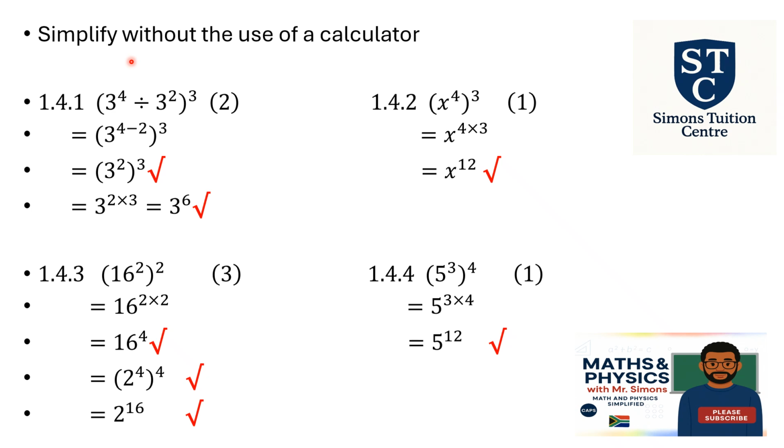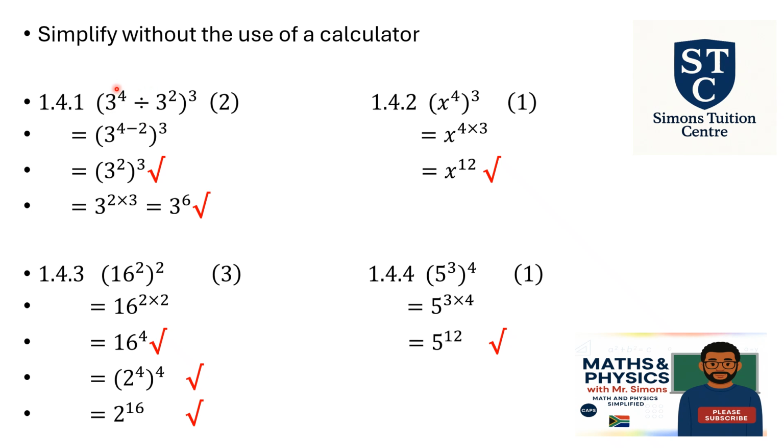Now for my fourth set, simplify without the use of a calculator. Alright, I'm going to have my values in a bracket and raise them all to a further exponent. So you have 3 to the power 4 divided by 3 squared in brackets, raised to the power 3. According to BODMAS, always first try to solve the bracket. So division in the bracket, bases are the same.